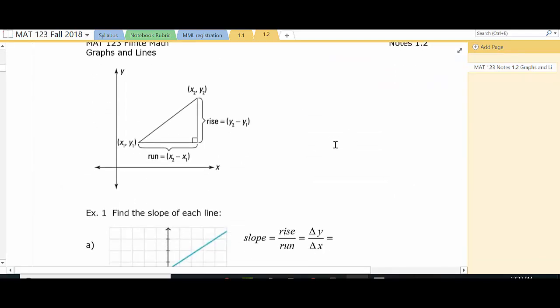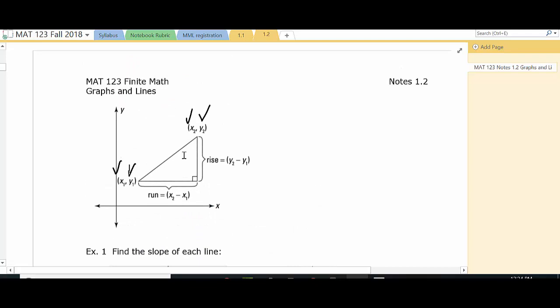So in the next picture here, when you have a point, and that's just a generic variable, when you do the rise, all you do is subtract the y values. When you do the run, you subtract the x values. So what you end up getting is a formula for finding a slope.